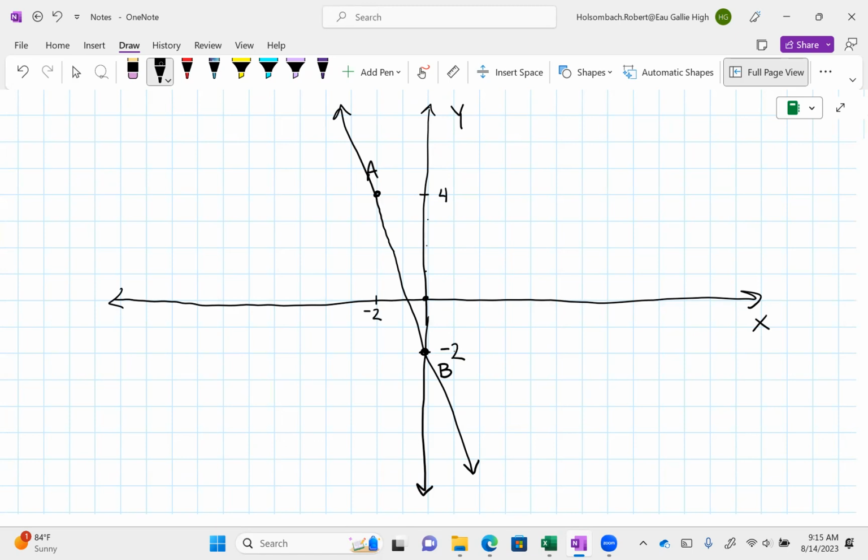Point C is at -3, 0. So here's -3, 0. That's right on the x-axis. Point C. And then point D is at 3, 3. So we go 3 on the x, 3 on the y.